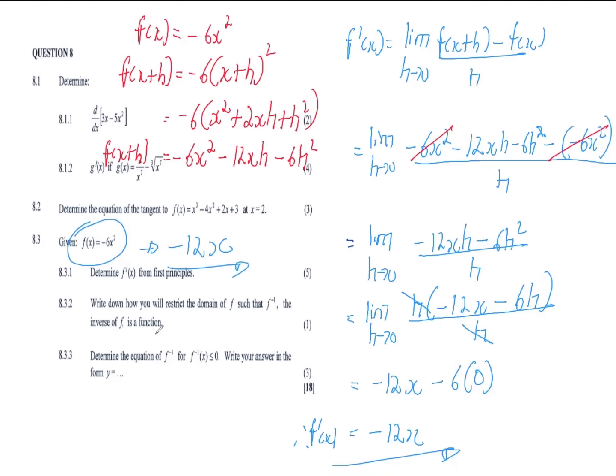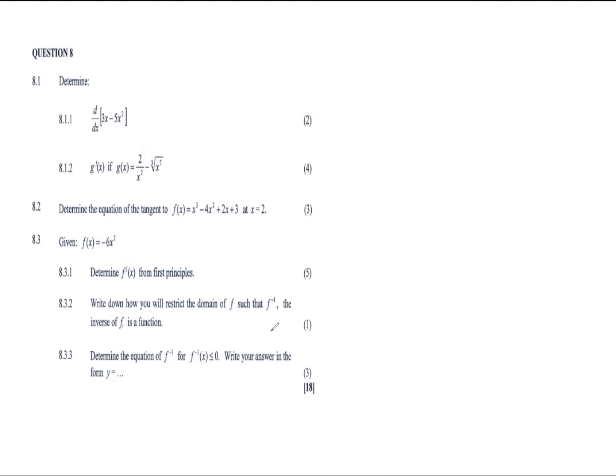Okay, nice one. Then they say 8.3.2, write down how you will restrict the domain of f such that the inverse of f is a function, right? Such that the inverse is a function. Now, remember, you can restrict this in many different forms. It's up to you.